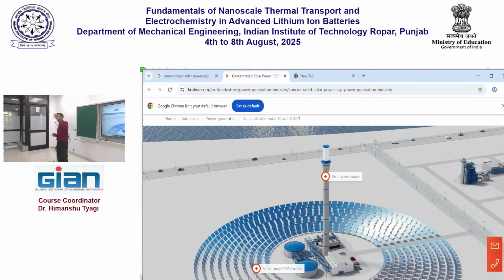I can't tell the sun to come, right? That's not possible. That's not in my hands. So you can see that energy storage and conversion is very closely coupled with the question of renewable energy. Okay?